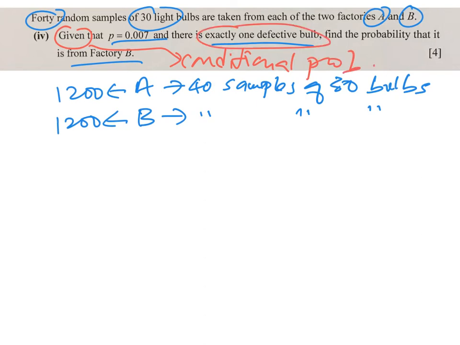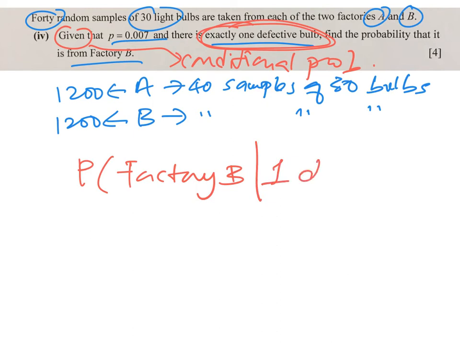It is clear from the question that the given condition is the fact that there is exactly one defective light bulb. So we are finding the probability that it is from factory B given exactly one defective light bulb. So this is the probability that we're required to find.